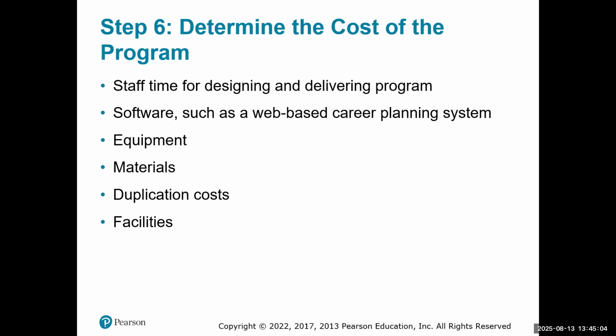Will it be web-based? Will there be pencil and paper kinds of things that they need to do? Will they need access to certain types of information in order to create, let's say, a budget? So just thinking about stuff like that. And then where are you going to host? What facilities? And do the facilities cost you anything? And if they do, is it going to cost something for your client?